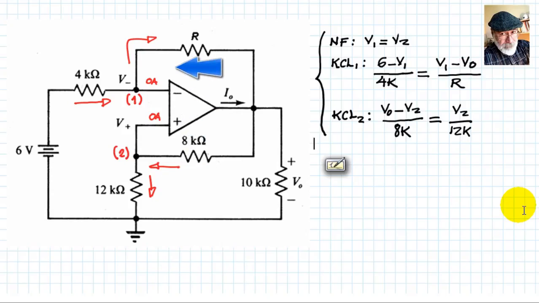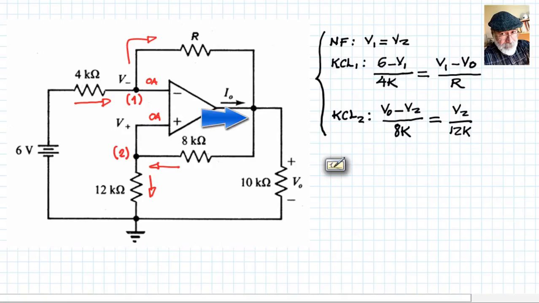And we add the current at the top, which is V0 minus V1 divided by R. The sum of those three currents, according to KCL, is the current I0 leaving the op-amp, which we need to compute. The current I0 is the sum of three currents. This one, that one, and the one on the top.